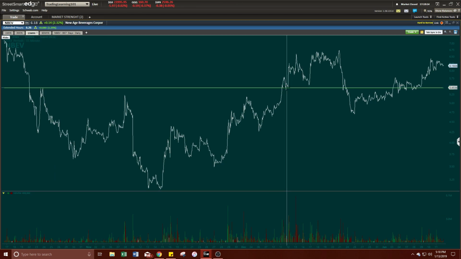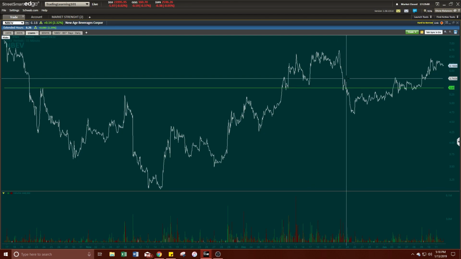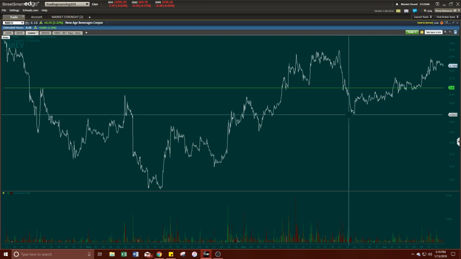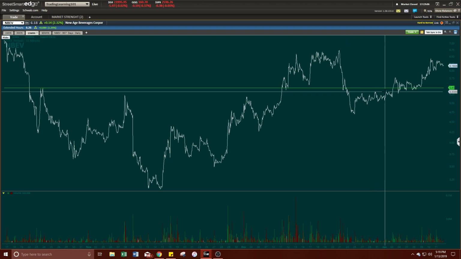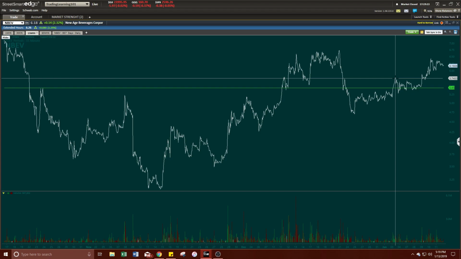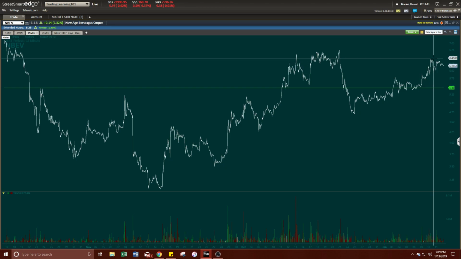It came and bounced off it right there, and it even bounced off it a little bit right there, popped up and then cracked it, and then you could see it started to grind a little bit back up to it, and then it surged over that resistance. And then when it surged over it, it somewhat bounced right off of that general area and then got momentum and just went on up.